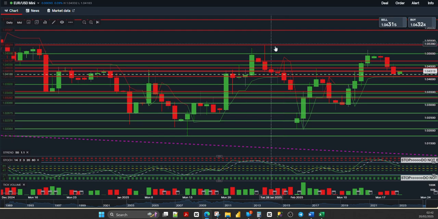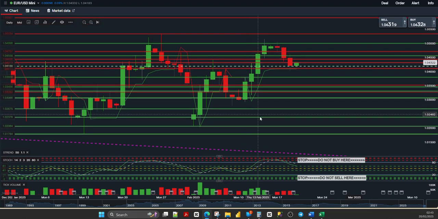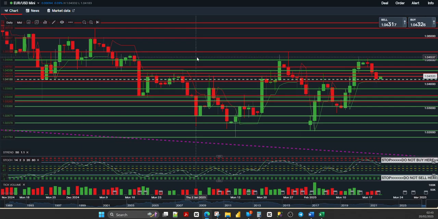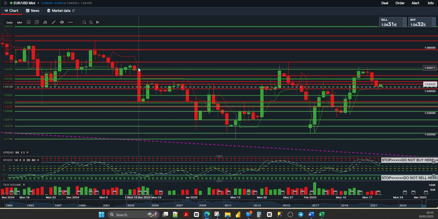So this broke away, this came down, and then here we are, struggling in a range. If we agree that there is a range between here and there, and that was a spike, and then there's a range between here and there, and this is the spike, we're in a ranging zone, all right?